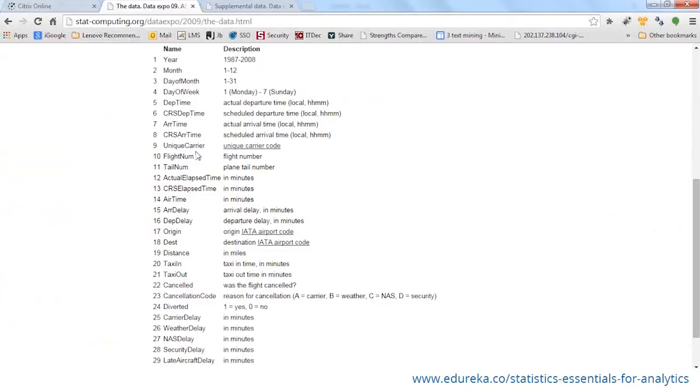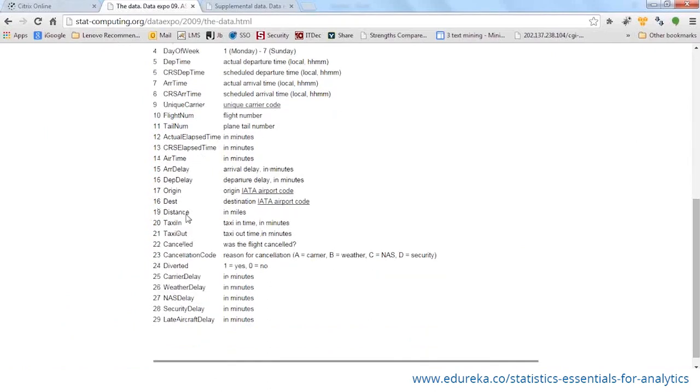And there is a flight number. Just like all flights have numbers, it has a flight number and also a tail number. This tail number gives an indication of some design aspects related to the flight. And there are many other things. Is there any delay due to arrival, or any delay due to departure?